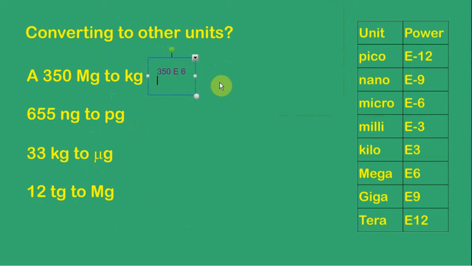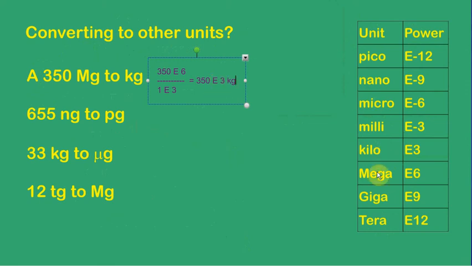So I just imagine myself dividing, and this is no different than your standard conversion with parentheses, line, parentheses, and a kilogram is 1 E3. So we're taking 350 E6 and dividing by 1,000, and you're going to get 350 E3 kilograms, which makes sense.